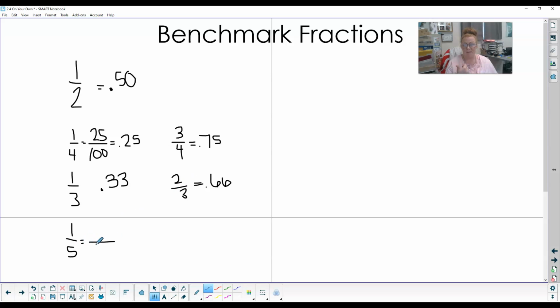I'm thinking about breaking up 100 into 5. If I count by 5s all the way to 100, it goes in there 20 times. 100 divided by 5 is 20. So 5 times 20 is 100. 1 times 20 is 20. So 20 out of 100 is 0.2 or 0.20.